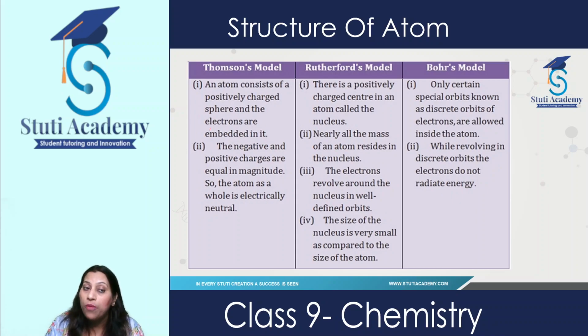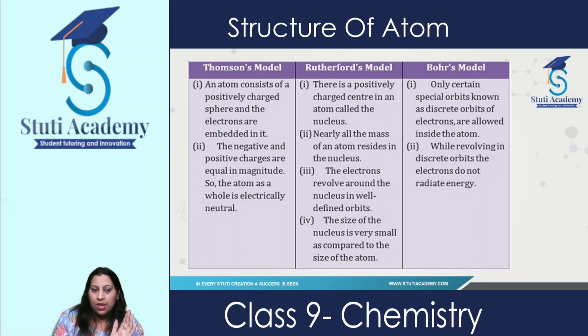First is Thomson model, who stated that in an atom, positively charged particles are present in the entire space, and electrons are embedded in it. So according to Thomson, the entire atom is made up of a positively charged sphere in which electrons are embedded.